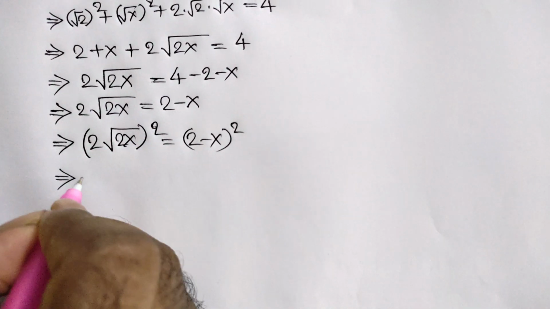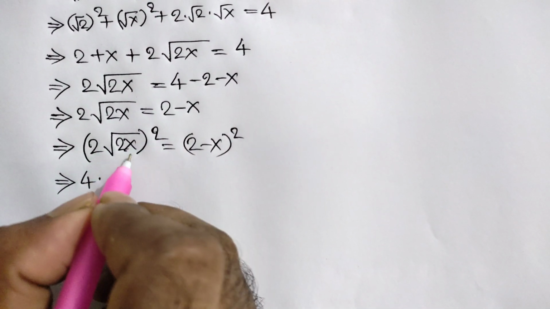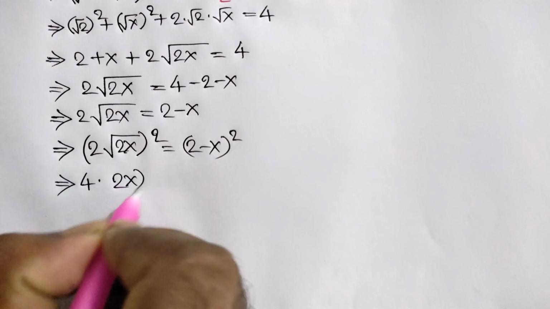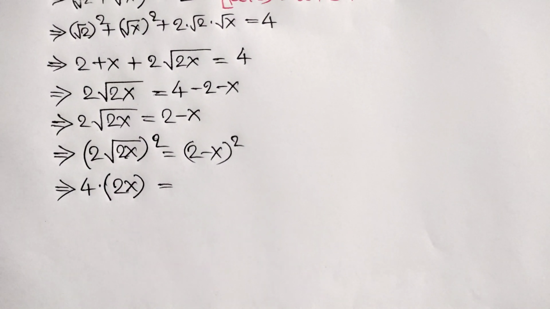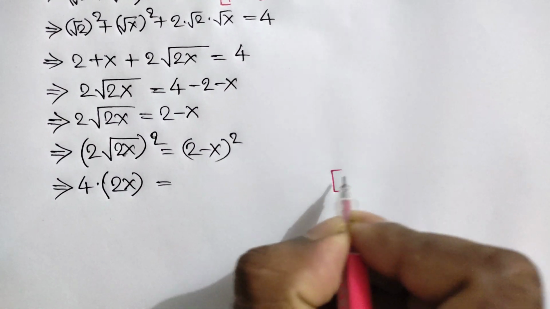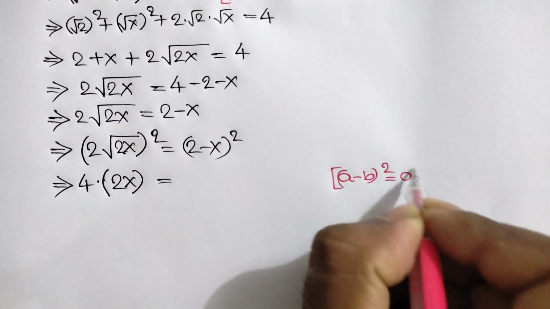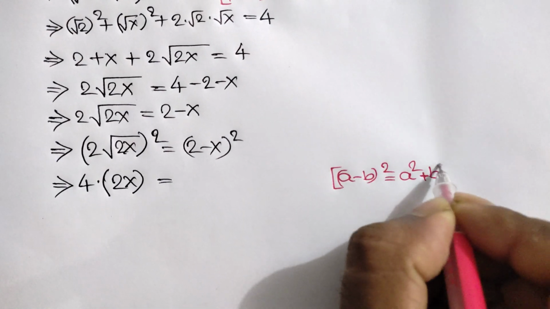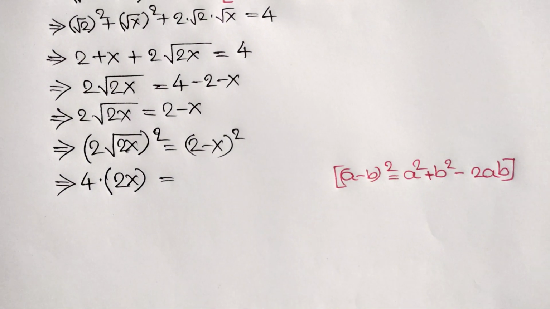We know 2 square, that means 4, times, now the square root cancels this square, so here we will get 2x is equal to, now again we know an algebraic formula: (a minus b) whole square is equal to a square plus b square minus twice ab. Now apply this formula here.